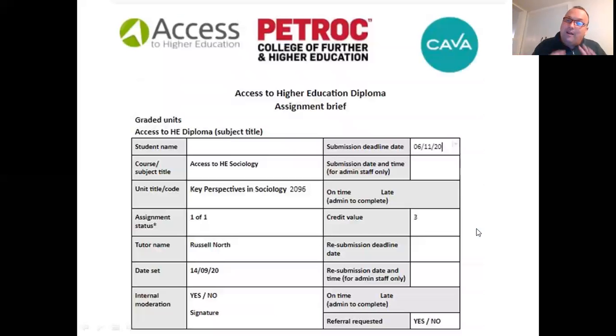Now, looking at the brief and where we're going forward, the first thing to say is I've set the deadline as the Friday after we come back from half term for the entire unit. This will allow us to complete task 2's input next week.